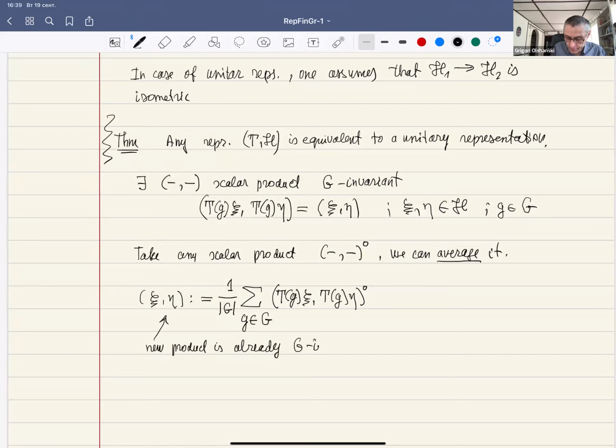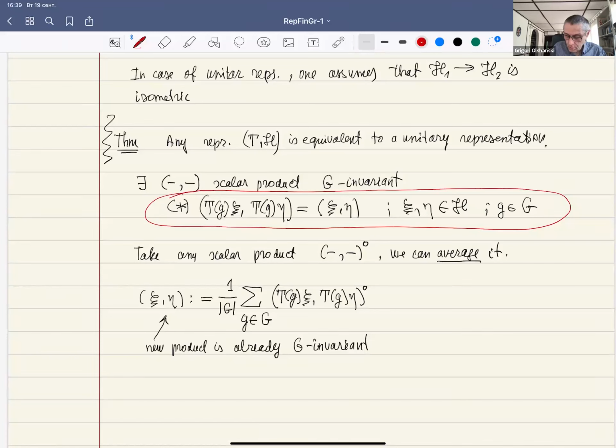G invariant, meaning that it satisfies this relation, which in turn means that the representation is unitary with respect to this new scalar product.